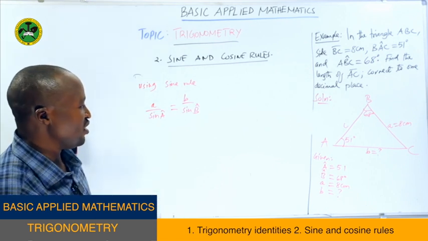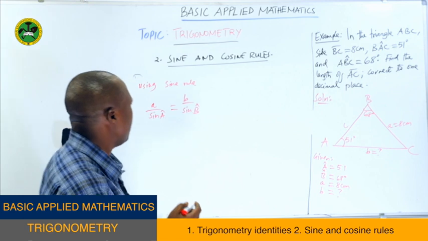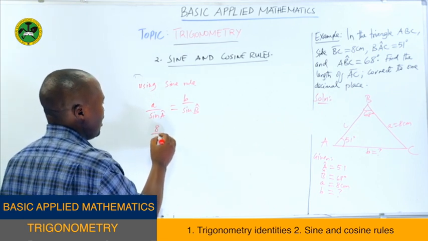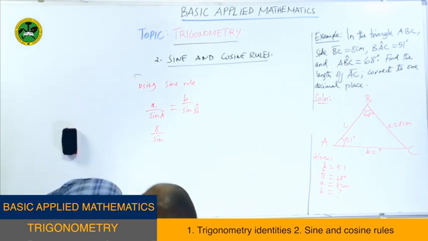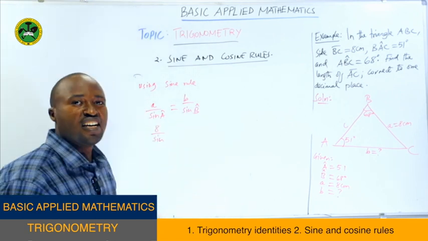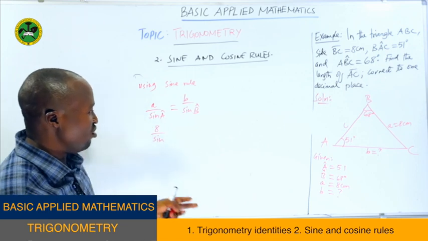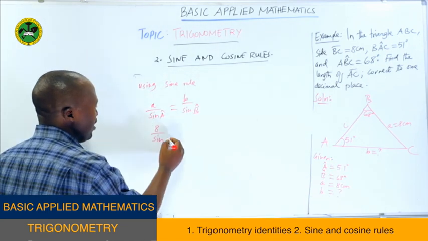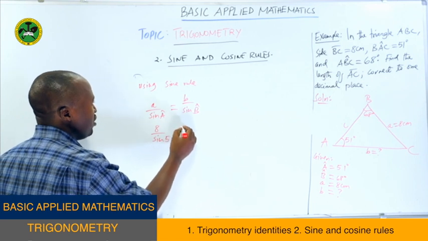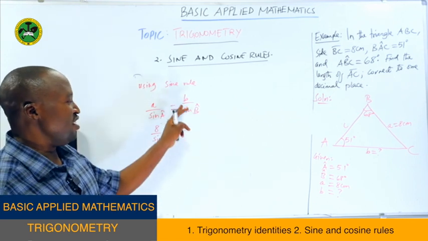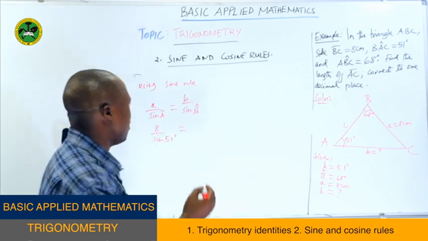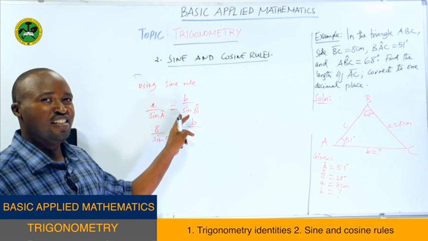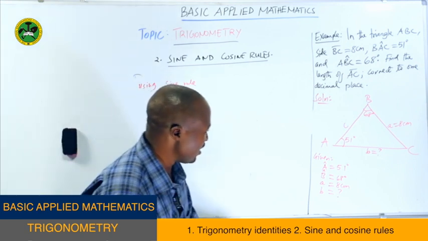Now let us substitute the values we have. A is equal to 8, that is 8 over sine of angle A. Angle A is 51 degrees, so 8 divided by sine 51 degrees is equal to B over sine B. What is sine B?